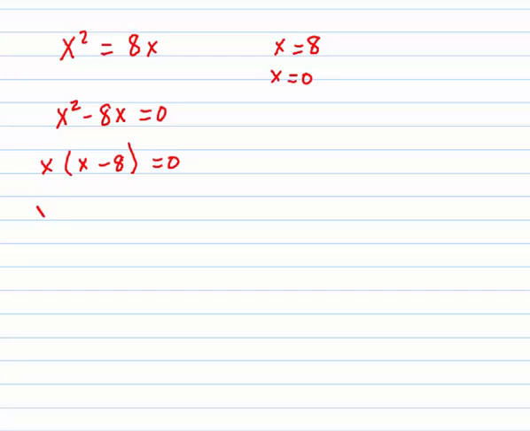We have either x is equal to 0 or x minus 8 is equal to 0. And we get x is equal to 8. And so we have our two solutions as we did by observation here. Clearly, 8 times 8 is equal to 8 times 8, or divided by x, x is equal to 8. Okay, so we have two solutions actually, and that's what we would think.